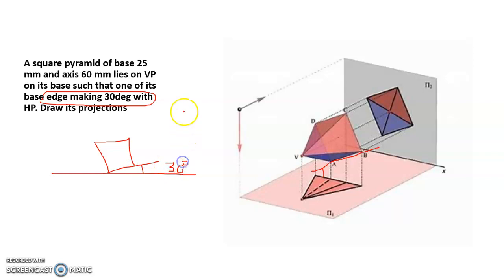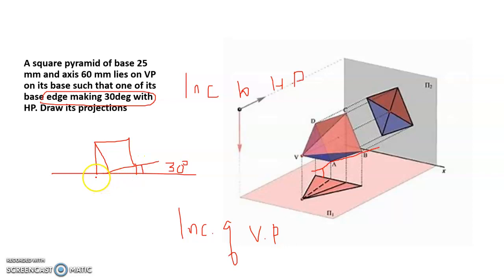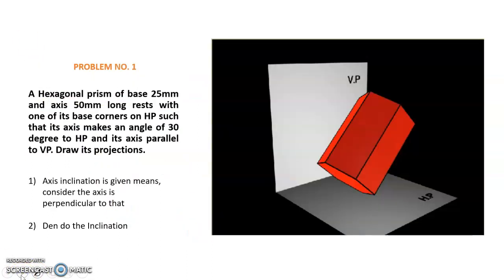Inclined to HP means you need to draw the inclination above XY. Inclined to VP means you need to draw the inclination below XY. So in your front view you will get a square, and in the top view you will get a triangle. So these are all the basics of the projection of solids.